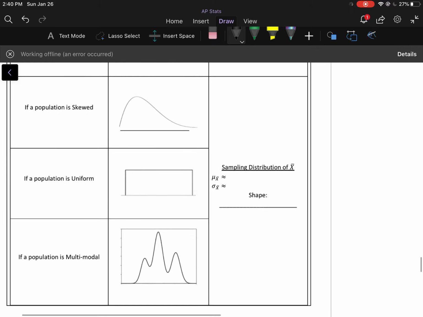If a population is skewed, uniform, or multimodal, meaning that it has many peaks, the sampling mean will be equal to the population mean, and the sampling standard deviation is sigma over square root of n, where n must be greater than or equal to 30. Once n is greater than or equal to 30, it will also have a normal shape.